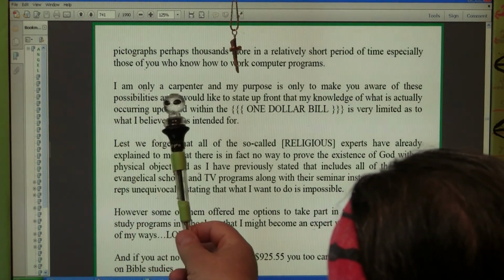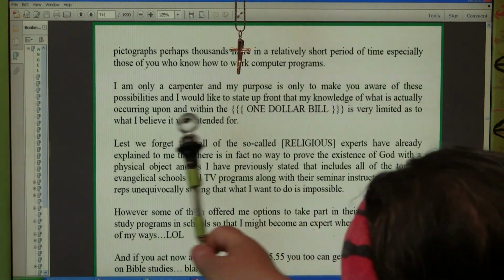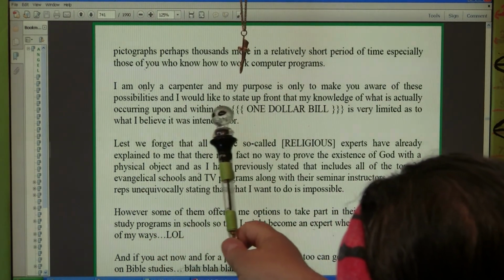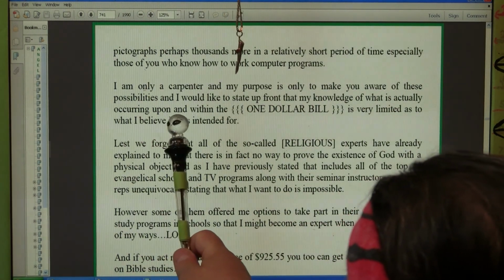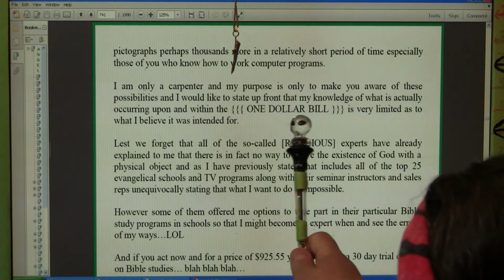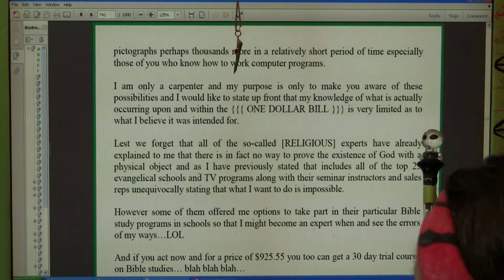I am only a carpenter, and my purpose is only to make you aware of these possibilities. I would like to state up front that my knowledge of what is actually occurring upon and within the $1 bill is limited as to what I believe it was actually intended for.